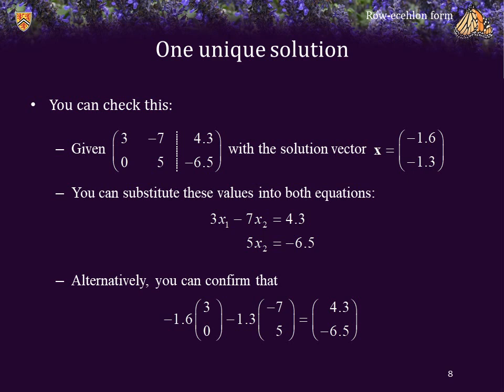Once again, you should be able to convince yourself that if x1 was any other value, then x2 would also have to be different. But if x2 was different, then the second equation would once again not hold. So in this case, yes, I think you can convince yourself that there is one unique solution for this system of two linear equations in two unknowns.